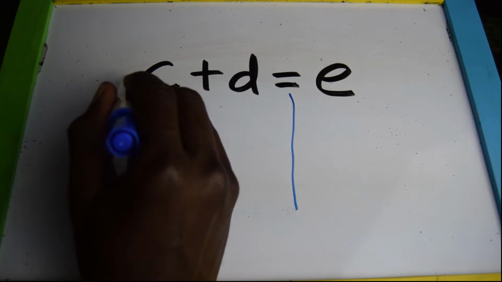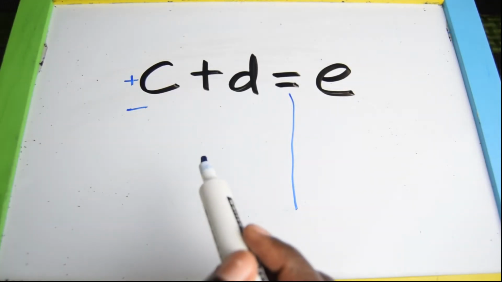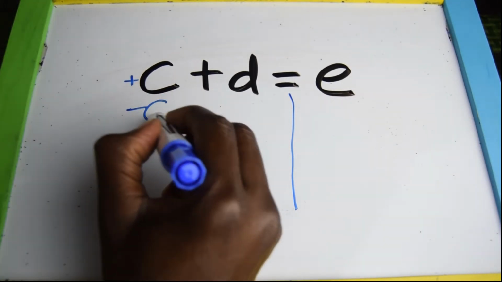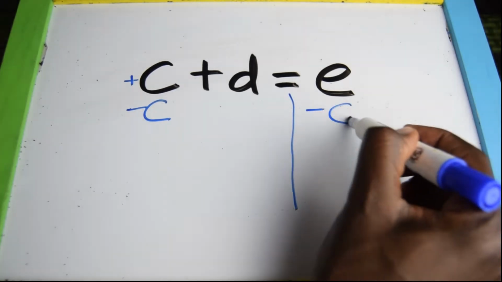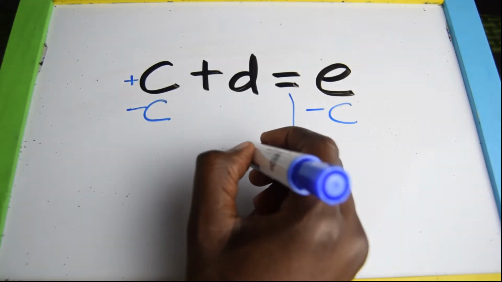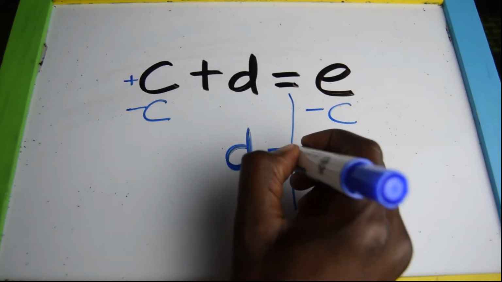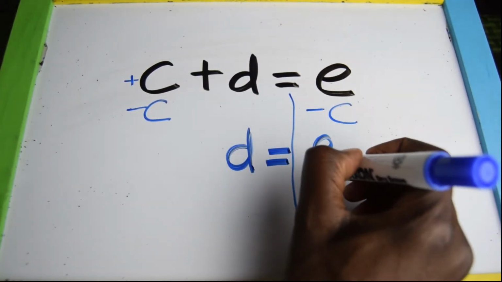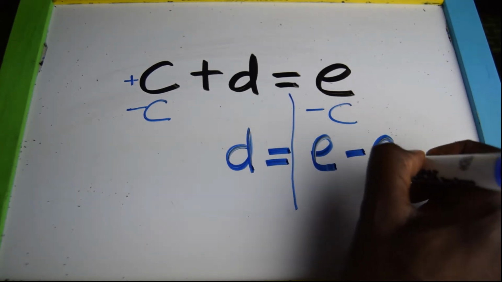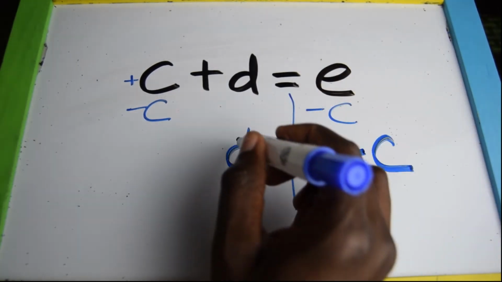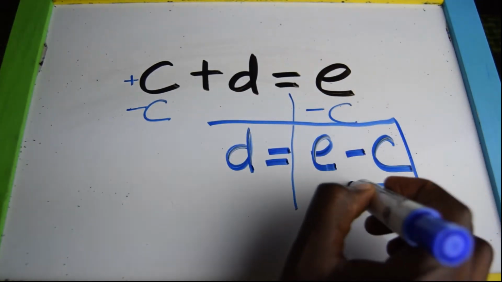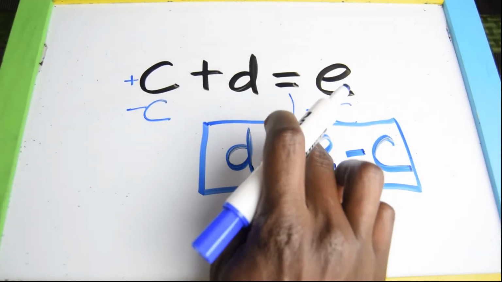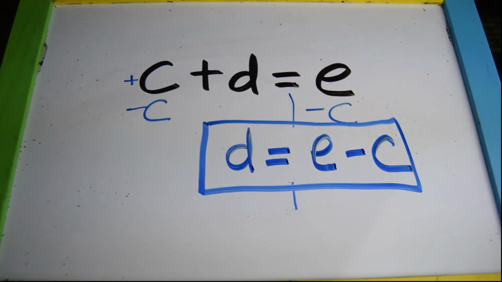If it doesn't have a negative here, it means it's a plus here. So I'll subtract c here and subtract c here. So I have d equal to e minus c. Do not add them together. That is your answer: d equals e minus c.